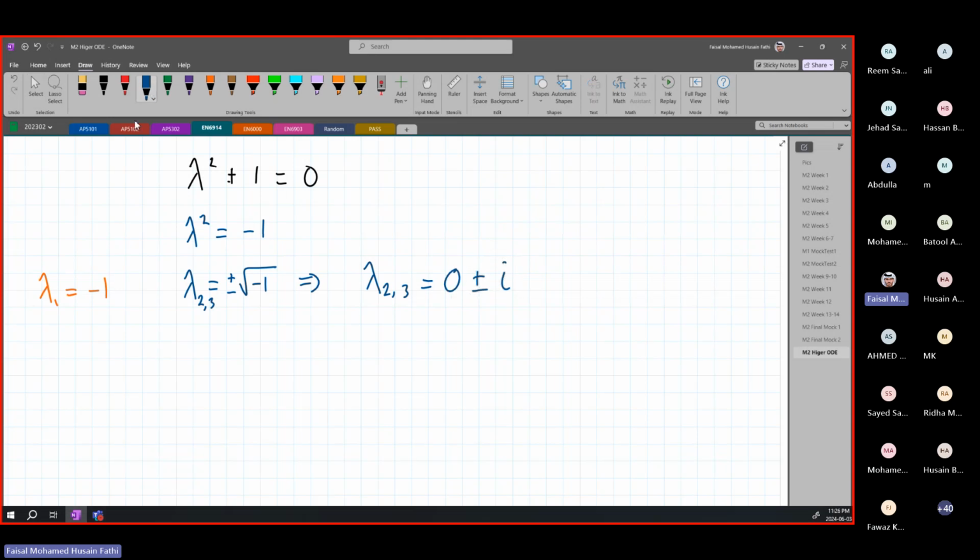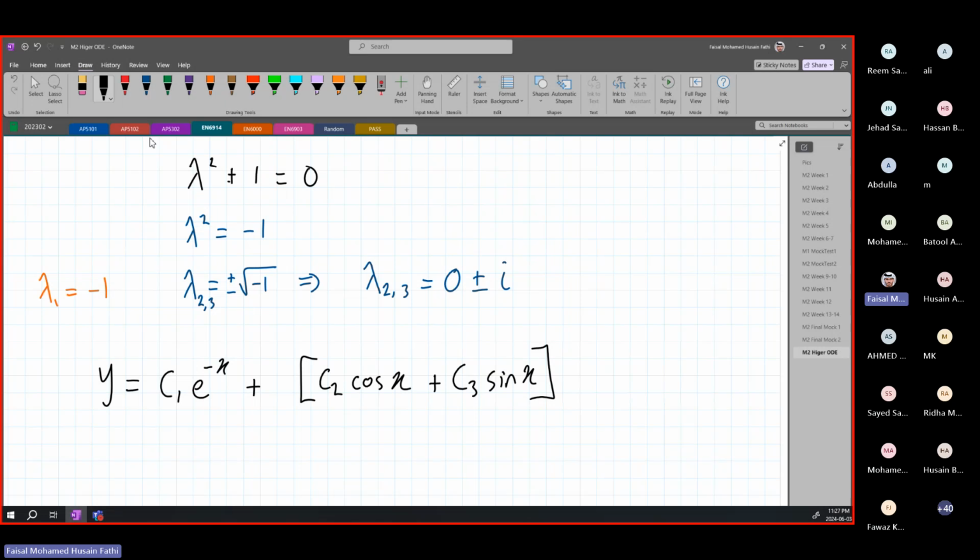You have a real part, it's just 0. y is equal to, I'll just plug in directly, C1 e to the power of negative 1x plus e to the power of alpha, which is 0x. So this is just going to go away because it's 1. C2 cosine beta, which is 1x, plus C3 sine x.